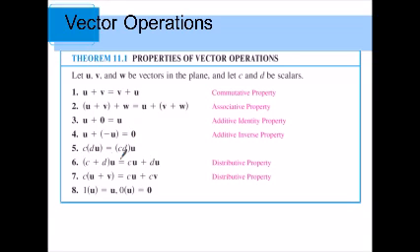If I multiply through c times d times u, it's the same as c times d times u. c plus d times u is equal to c times u plus d times u. That's the distributive property. Again, more distribution. If I multiply c times u plus v, it's the same as doing c times u plus c times v.